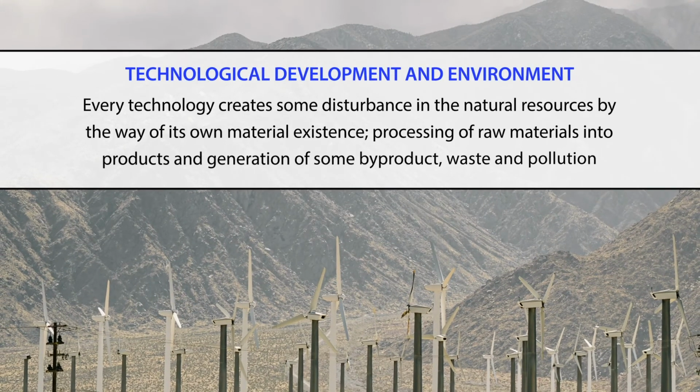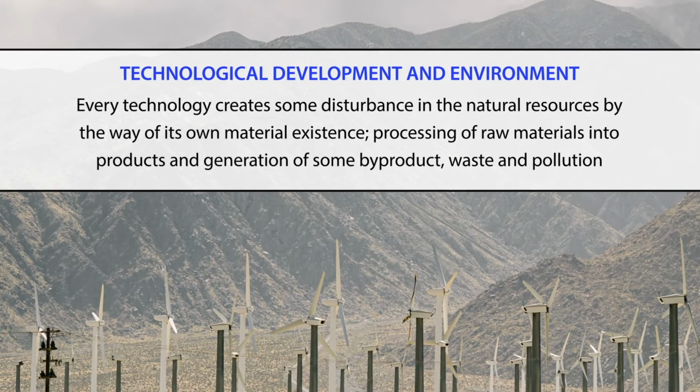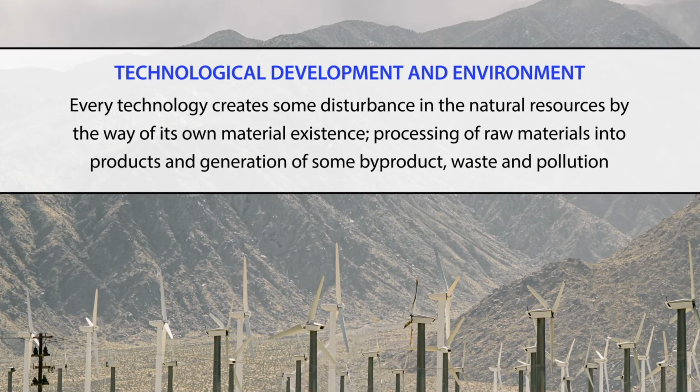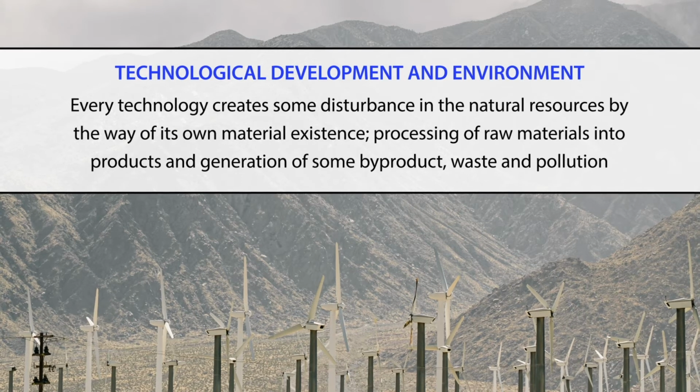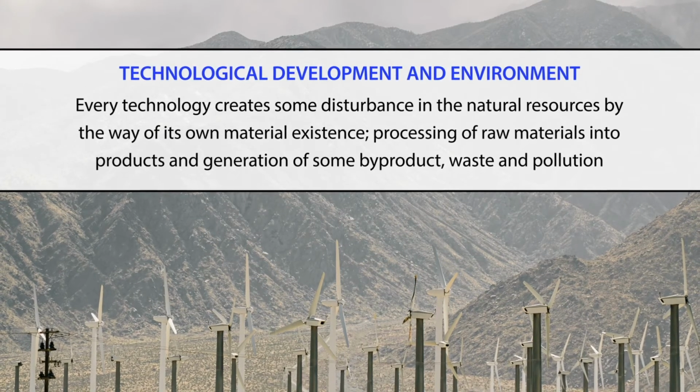Every technology creates some disturbance in the natural resources by way of its own existence or its own development. For example, right from processing of raw materials to generation of the finished products, the whole cycle produces some byproducts, waste and some pollution.